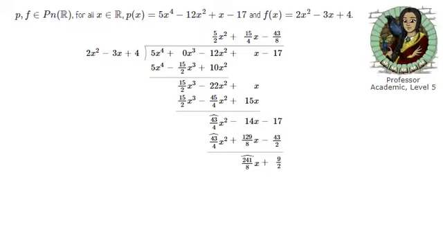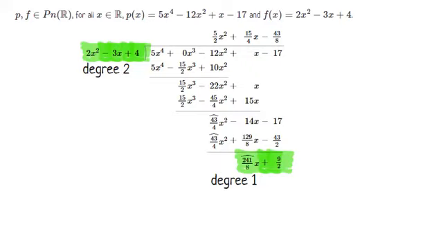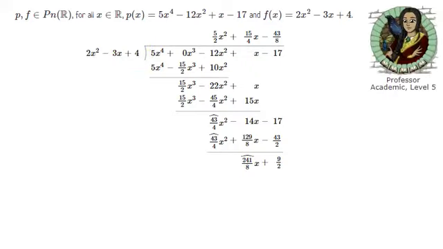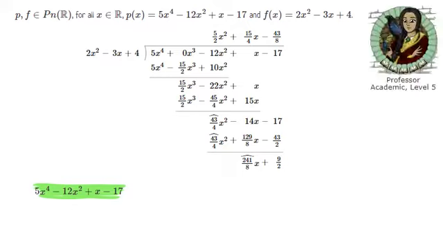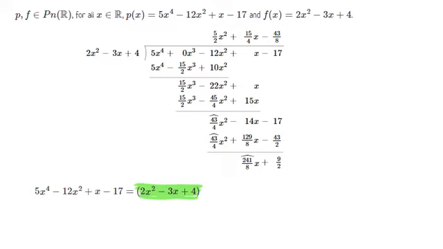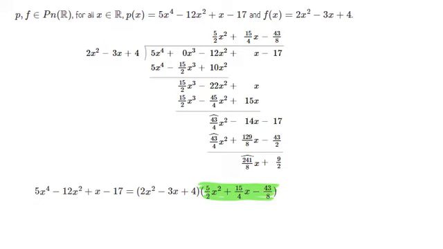Notice now that there are no more terms in the dividend to drop down, and the degree of the remainder, namely 1, is less than the degree of the divisor, namely 2. Therefore, our calculation is complete, and we conclude that the dividend is equal to the divisor times the quotient plus the remainder.